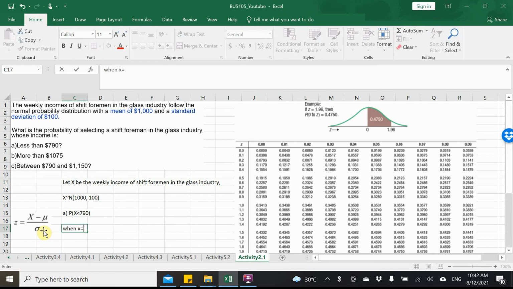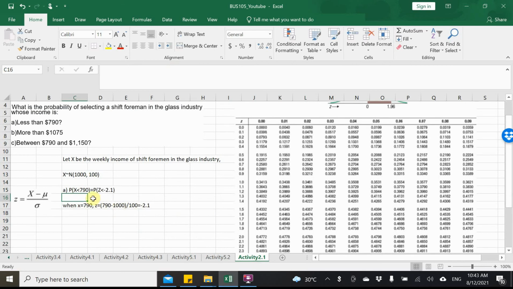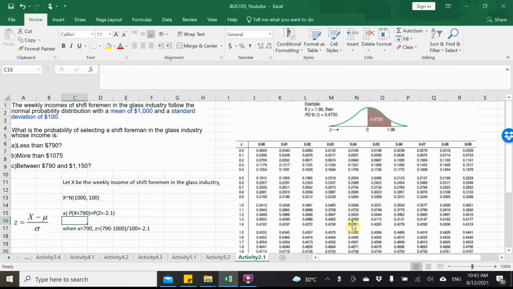When X equals 790, the corresponding z-score equals 790 minus 1000 divided by 100, and we get minus 2.1. So we can change this probability to this probability. Then to calculate the probability of a standard normal distribution, we can use the table given on the right-hand side.